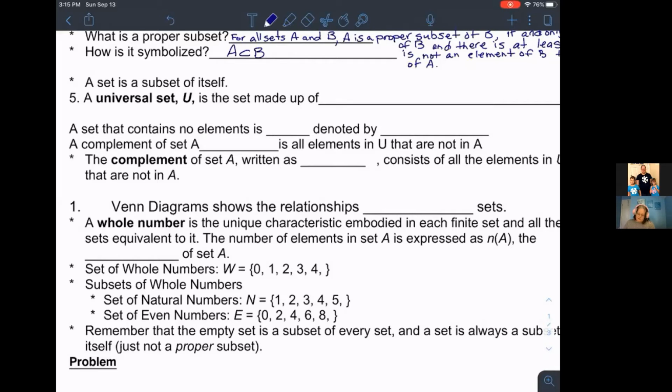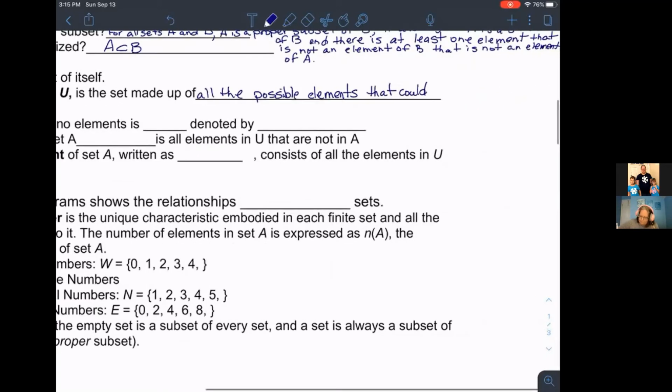A universal set is made up of all the possible elements that could be considered in this situation.